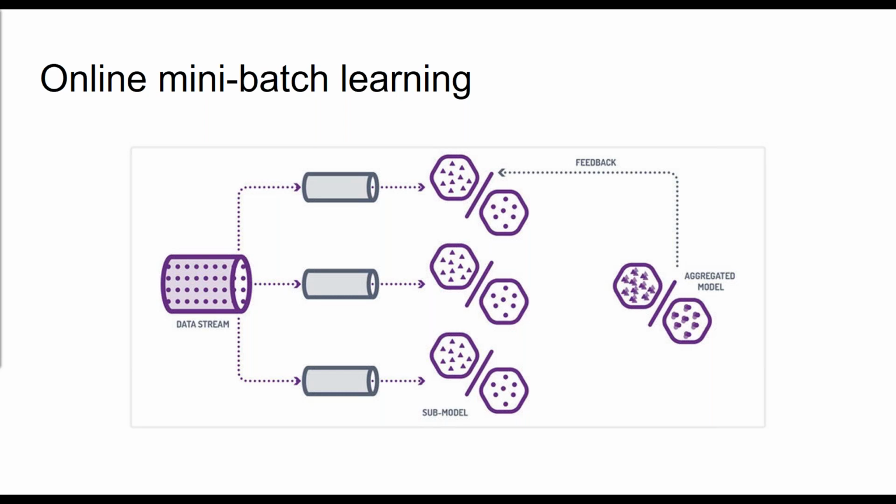I know, for example, in Spark, online learning is implemented only for 2 or 3 algorithms. In our case, we support it for many algorithms, I think maybe for the majority, like 80 or 90%.